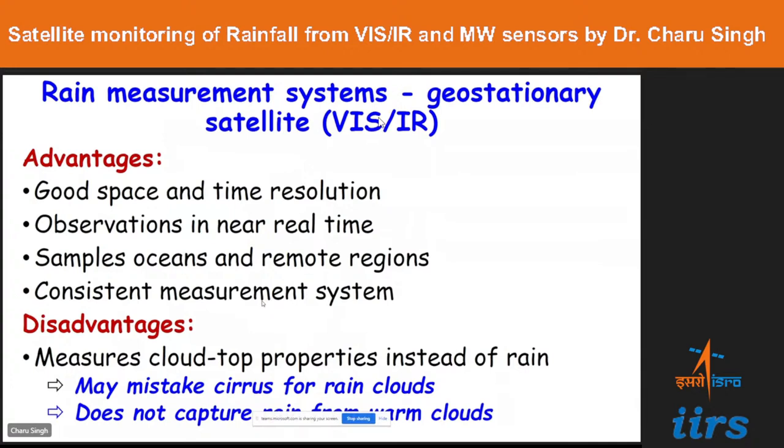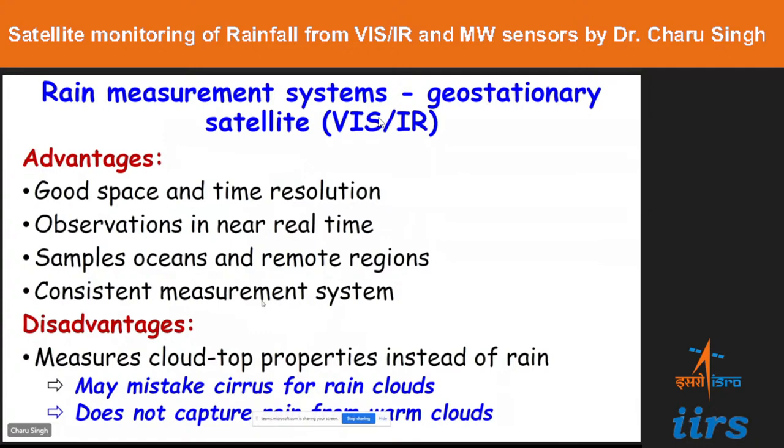Since the IR and visible channel based sensors use the cloud top information, and cirrus clouds are cold clouds, the IR sensor would infer there is a low temperature at the cloud top, and you may have some assumption about the rainfall, but cirrus clouds are not rain bearing clouds. So we may make that mistake.